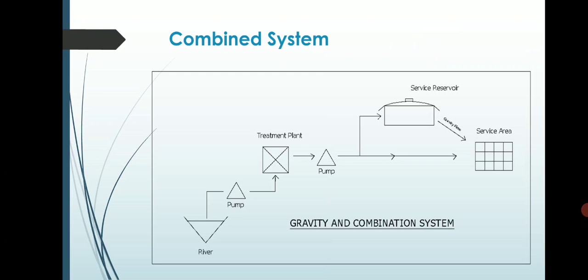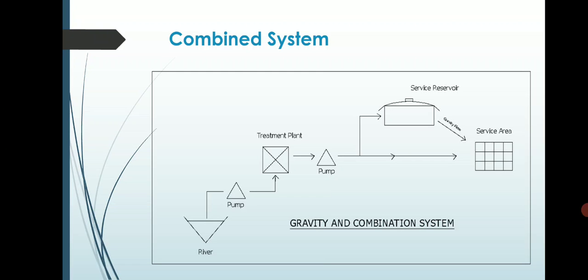The river, that means the source, is in the lower elevation and the service area is in the higher elevation. From the river the water is pumped to the treatment plant, and from the treatment plant two things can happen. If the water is pumped to the service area directly, then it is the direct pumping system.